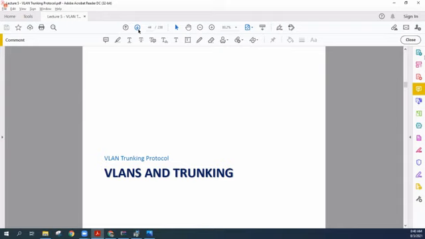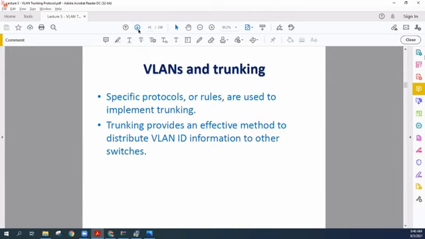Okay, VLANs and trunking. Let's move forward. VLANs and trunking: specific protocols or rules are used to implement trunking. There are specific protocols or rules because that is a specific communication.